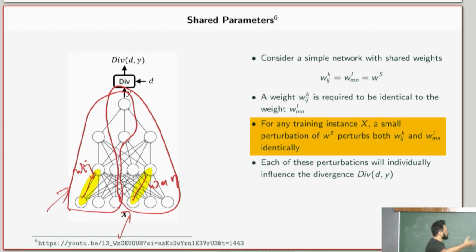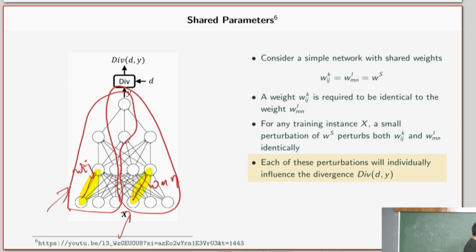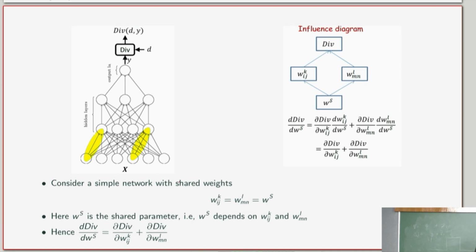So how will this influence the loss? This is the question. For any training instance X, a small perturbation in WS, the shared weight, perturbs both identically. Each of these perturbations will influence the divergence. So it's a good idea to look at the influence diagram. This is the loss that is being created.